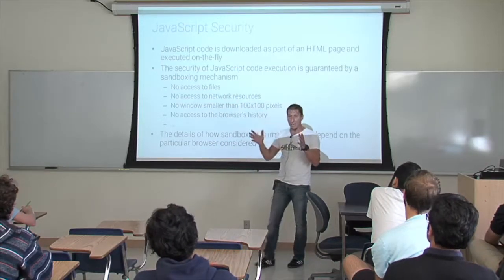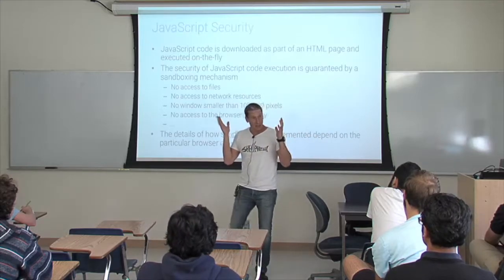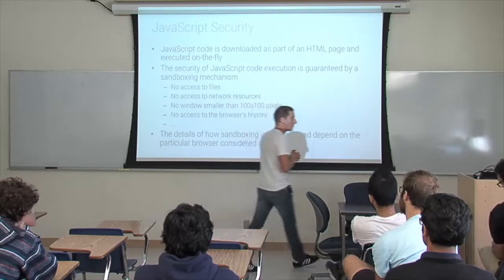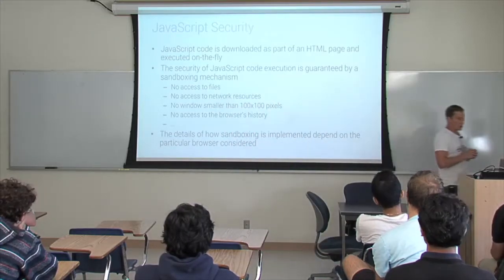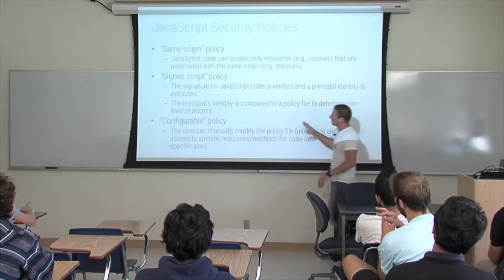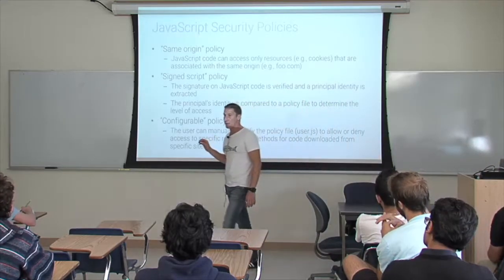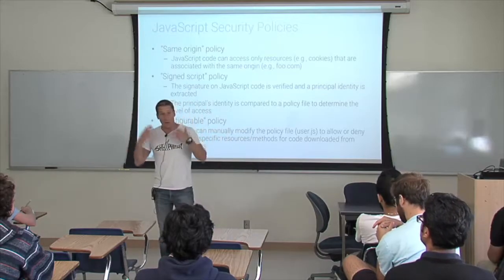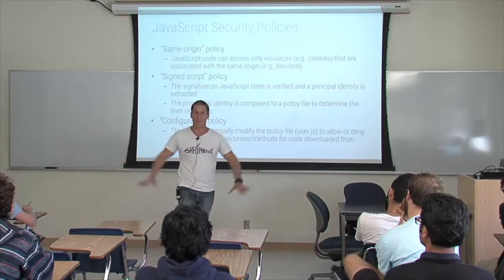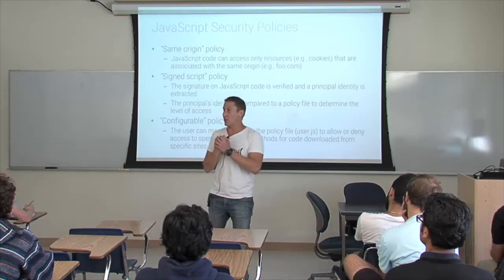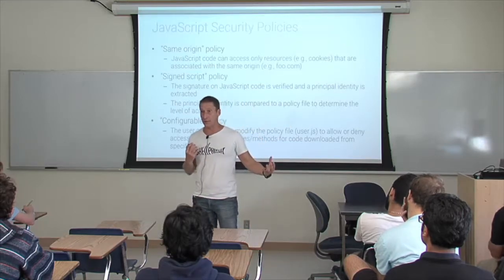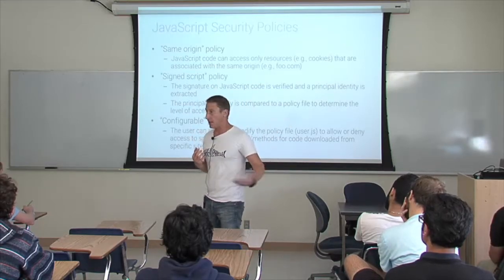So sandboxing: we have to limit the code to do only specific things. But not only that, one important thing is the same origin policy. As part of this sandboxing, not only can I not access the underlying environment, but when I get some JavaScript, I cannot access resources that are associated with a different site. Obviously cookies, but everything else.